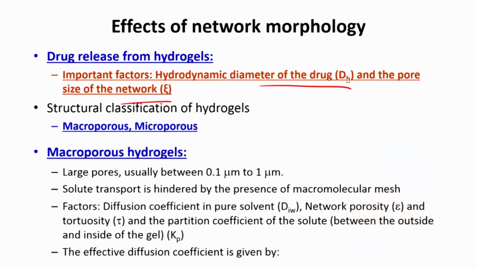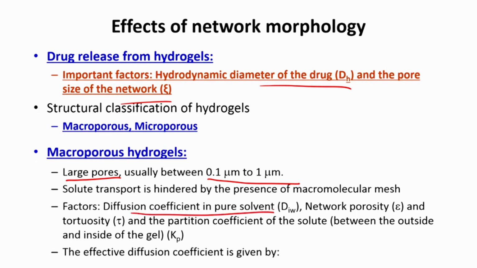As the name suggests, what is macroporous? Macroporous essentially means it has large pores, macropores. Typically for biologically relevant things we are talking about 100 nanometers to about a micron. So the solute transport is hindered by the presence of the molecular mesh. Of course the drug is going to collide with the mesh as well, and so the different factors that we can introduce are, one, the diffusion coefficient in the pure solvent.